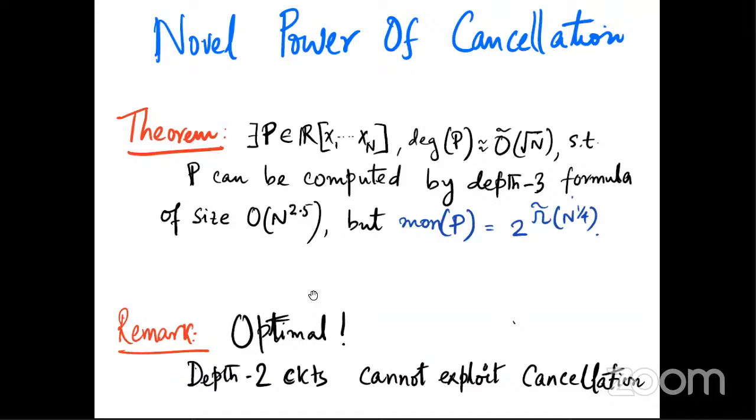Because if you look at a sigma pi circuit, essentially you will be just computing it monomial by monomial. So in depth 2 you cannot hope to have any interesting power of cancellation. But as soon as you go to depth 3, what our result shows is there's huge power of cancellation. So in this sense, our result is optimal.